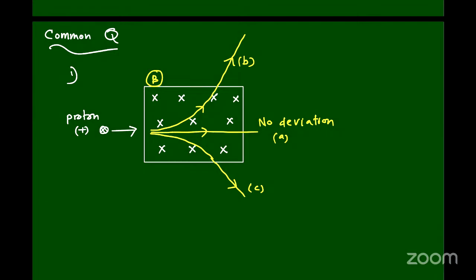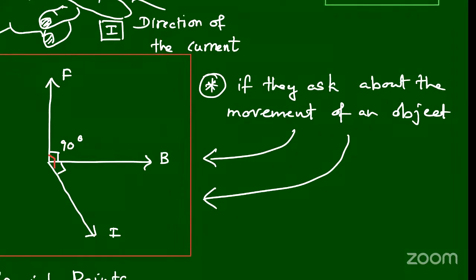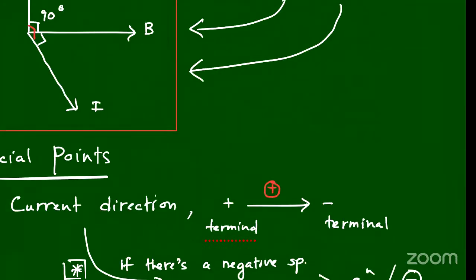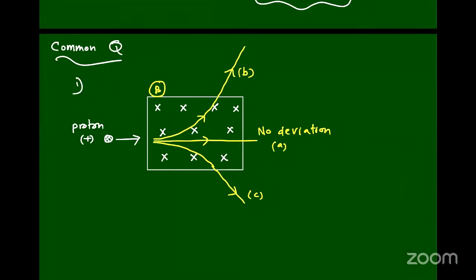So here, in this case, I said, if they ask about any sort of movement of an object, then definitely we are dealing with the Fleming's left-hand rule, right? So we are using the Fleming's left-hand rule.